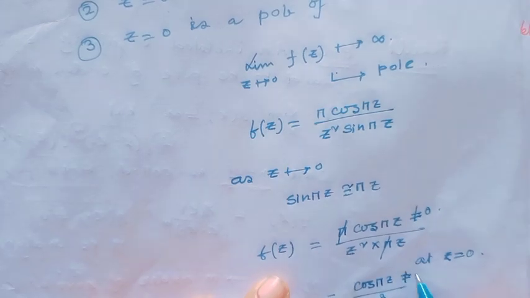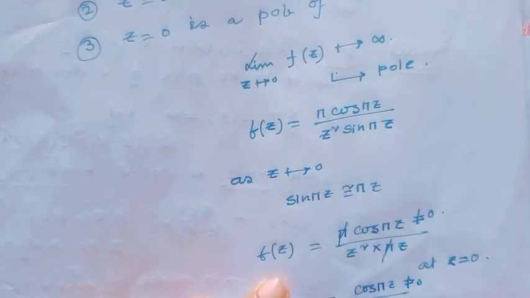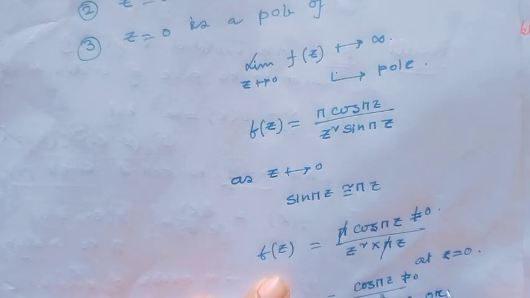This value is non-zero at Z equal to 0, and the denominator has a zero of order 3.